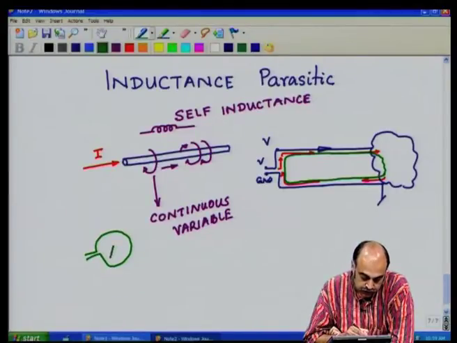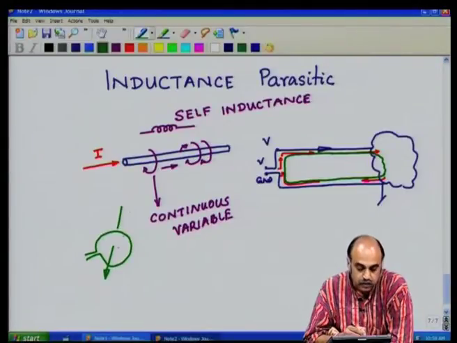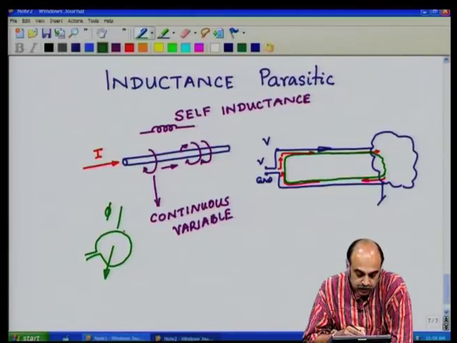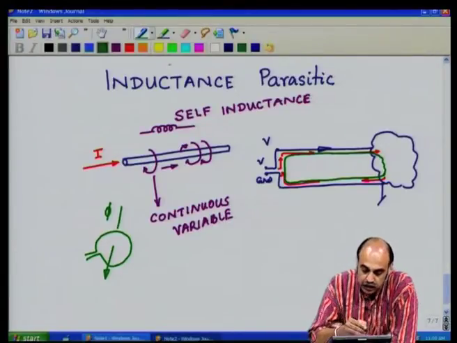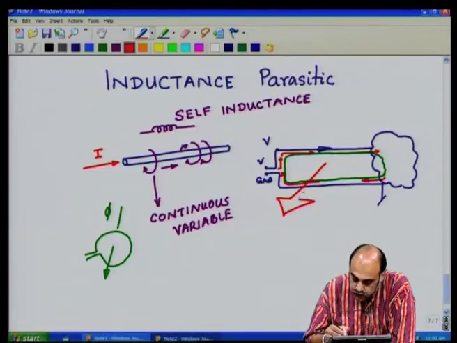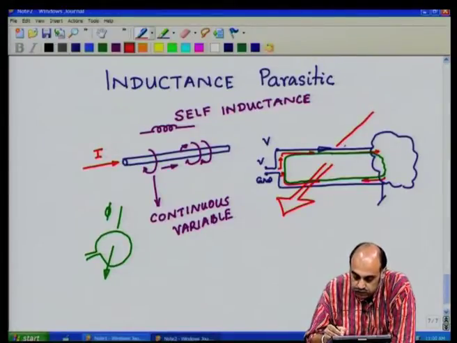If a current flows in a loop or a coil, there is a flux phi or B which is set up, which goes perpendicular to the cross sectional face of the coil area.